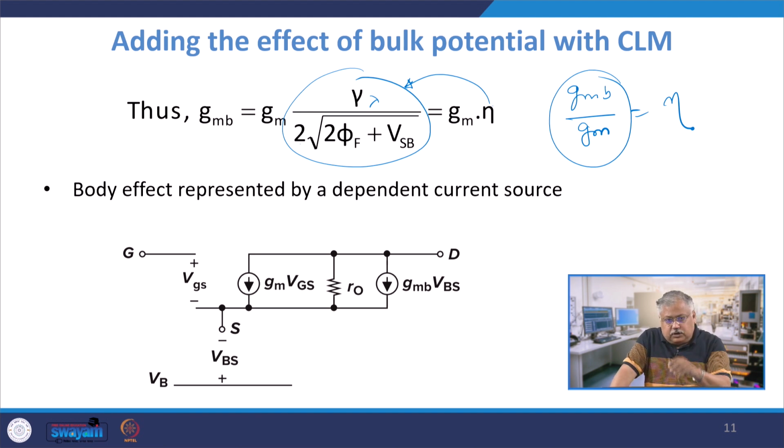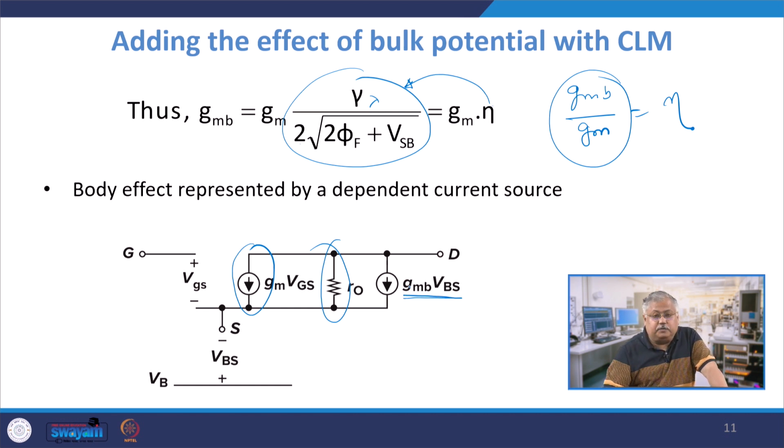If you take this into consideration, let's see what is the new small signal model of MOSFET with CLM and body effect. This is your primary current which is flowing, I discussed with you. This is the resistance which is available because of the CLM parameter, and we get a third term which is GMB times VBS as a current source because of the substrate bias which is given here. Bulk is positively charged with respect to source.